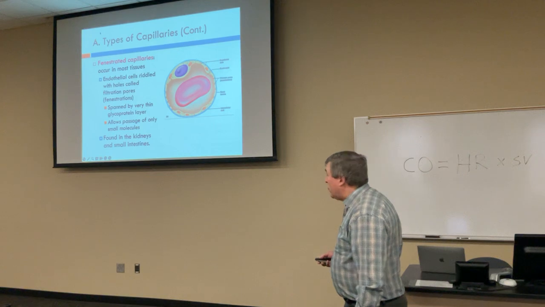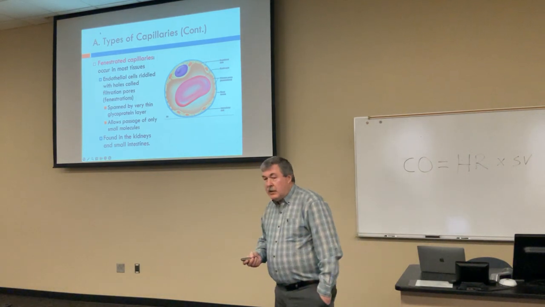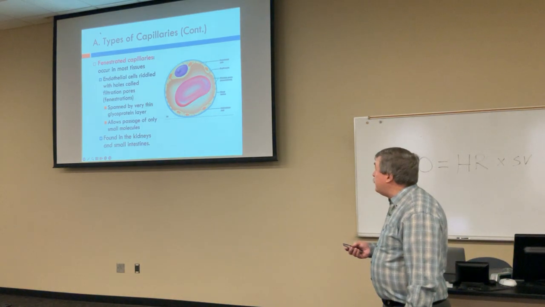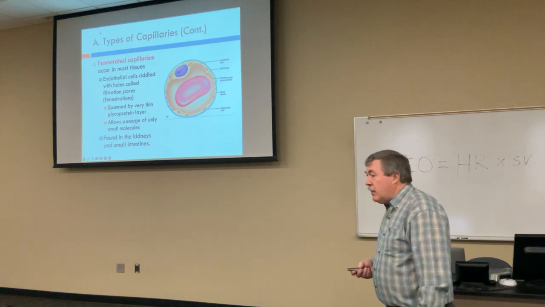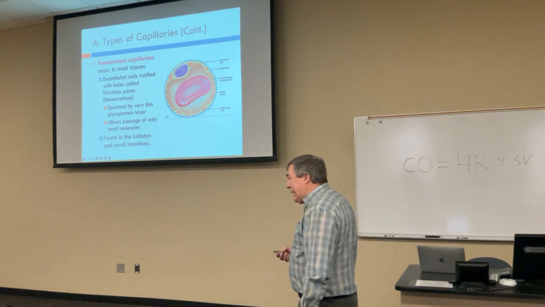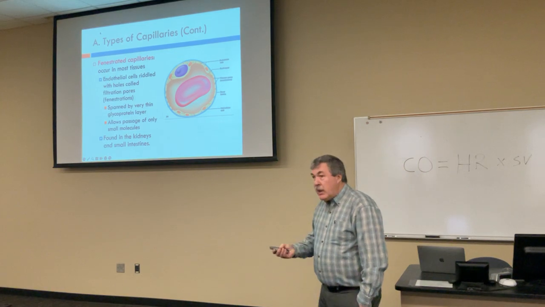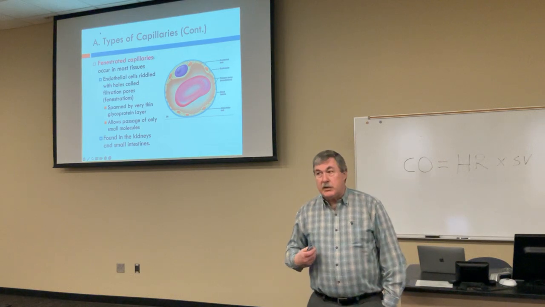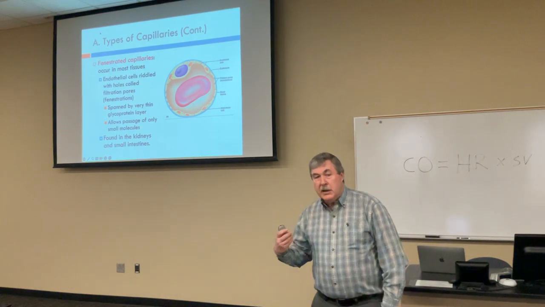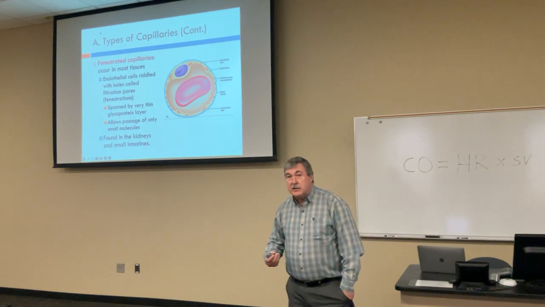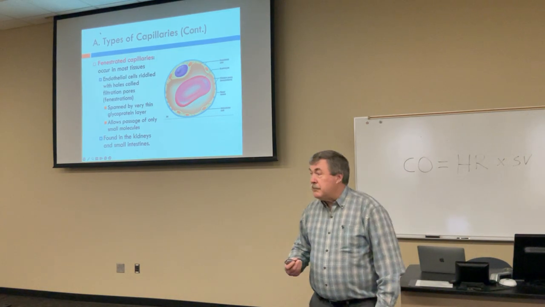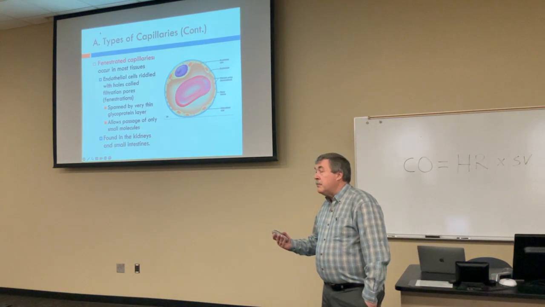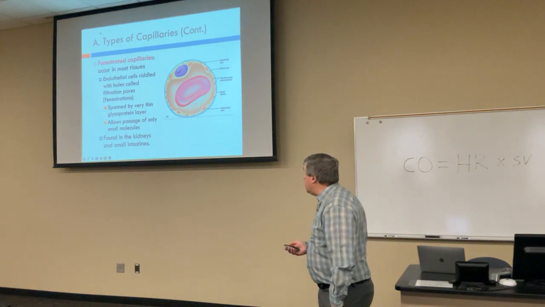Those pores allow the capillaries to be more permeable. So fenestrated capillaries are found mainly in the kidneys, where filtration occurs, and also in the small intestines, where nutrients are absorbed. By having these pores, that allows nutrients, mostly glucose and amino acids, to be absorbed into the bloodstream.